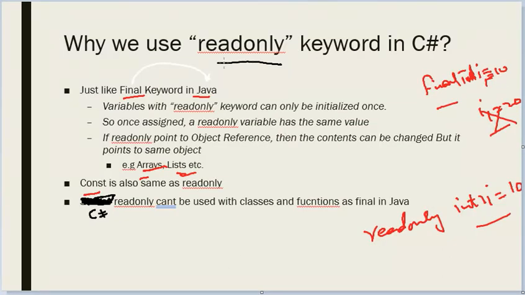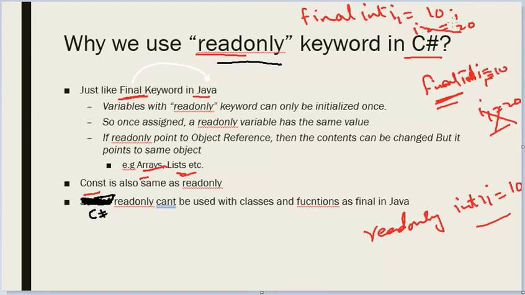Readonly. So what is the readonly keyword? The readonly keyword in C# is just like the final keyword in Java. Whenever you declare a variable final, let's say an integer i1 which is declared final and initialized to a value of 10, we cannot reinitialize it to another value like 20.